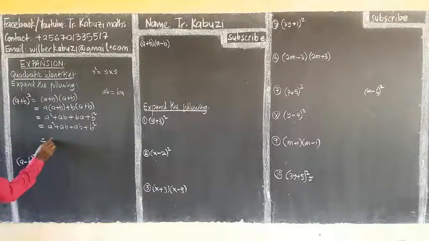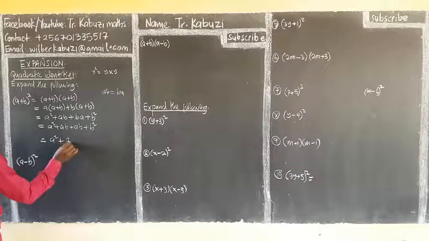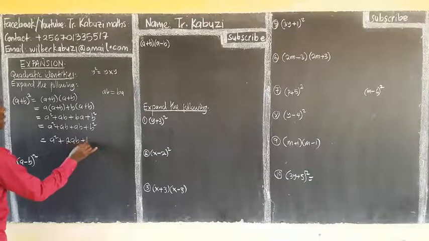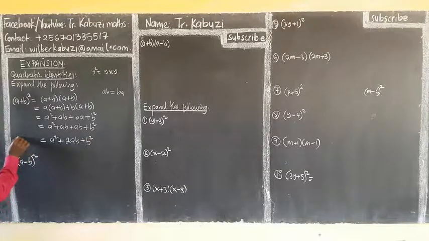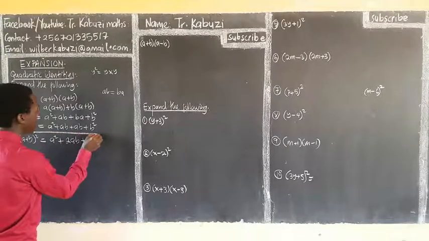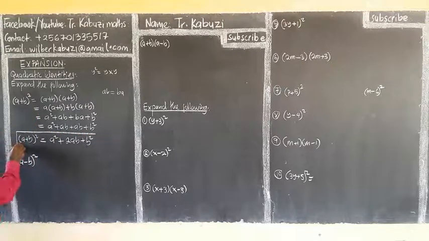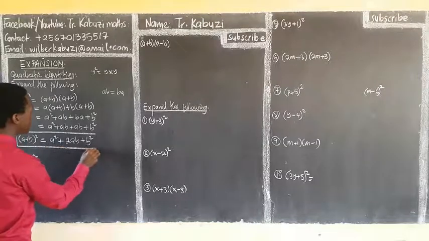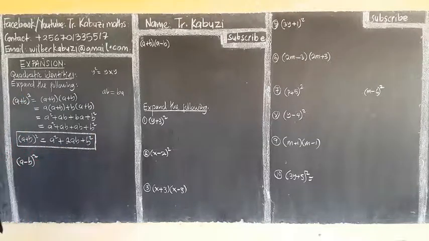This will be a squared plus 2ab, then plus b squared. And this will be our a plus b the whole squared. Now I put this into one square bracket like this. I'm going to come back to it.